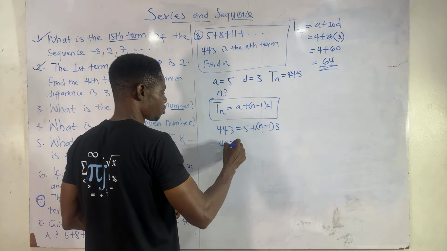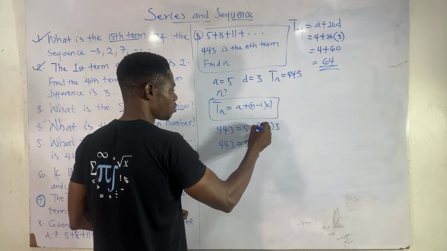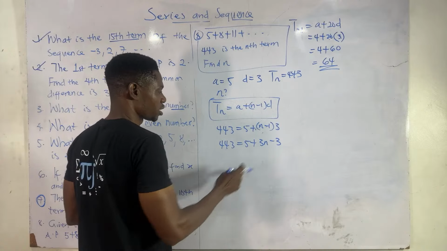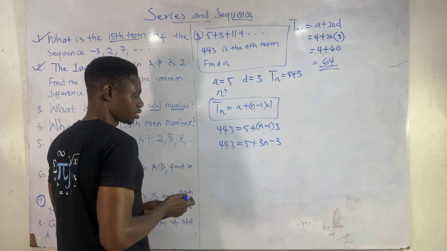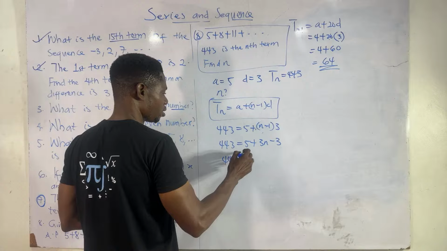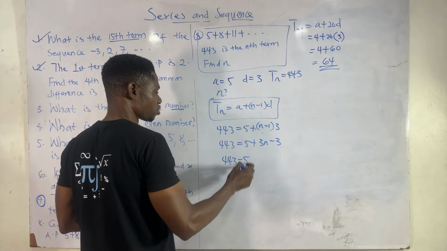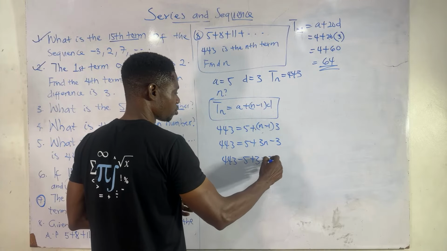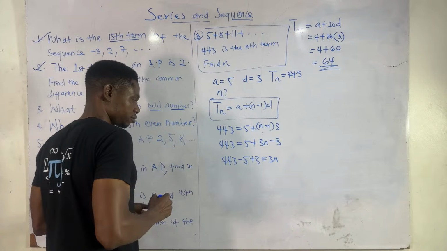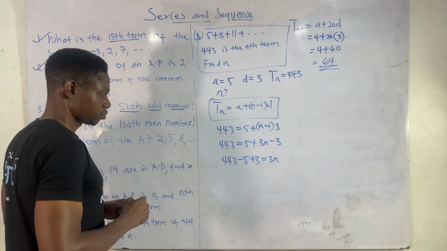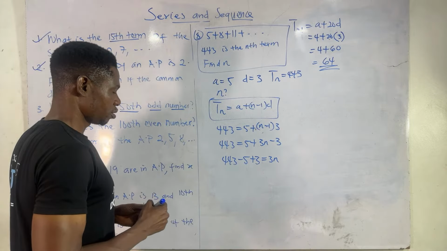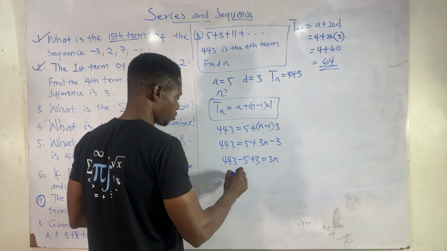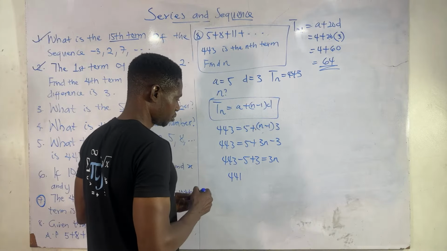So 443 equals 5 plus 3 times n, that's 3n, minus 3 times 1 is 3. So let's leave n and bring all the numbers to the other side. So we have 443 minus 5. This plus 5 becomes minus 5. Then you have what? Plus 3 equals 3n. Okay, so this will give us 441, right?